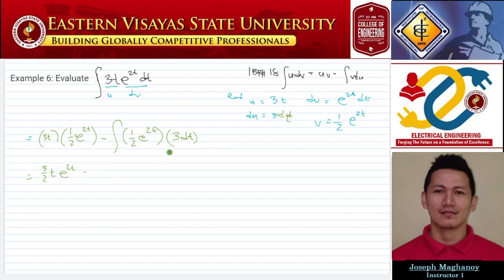So we carry the real number constants, that would be 1/2 and 3, that would be 3/2, integral of e to the 2t dt. Now we can apply our integration here. So 3/2, if we apply our integration, that would be 1/2 e to the 2t plus c.